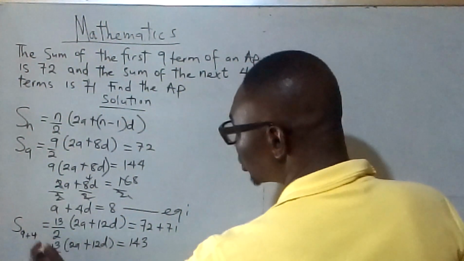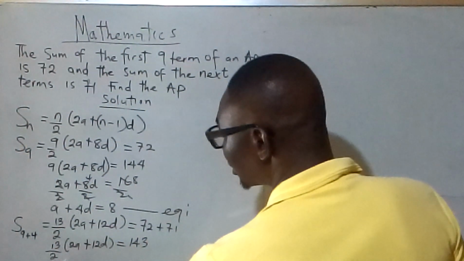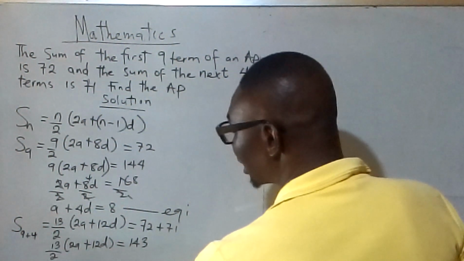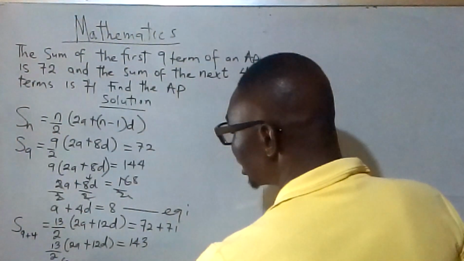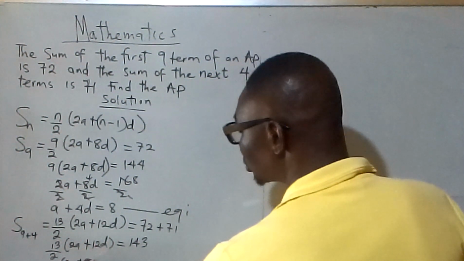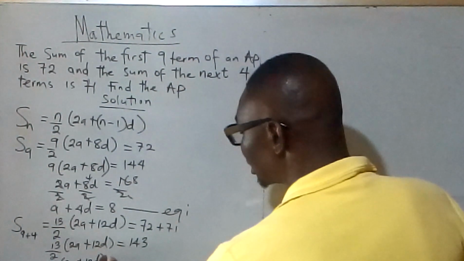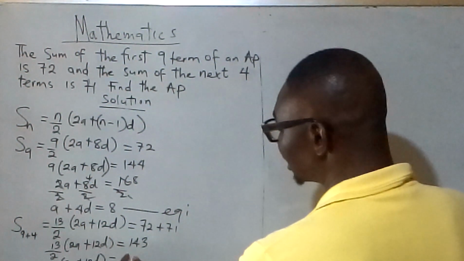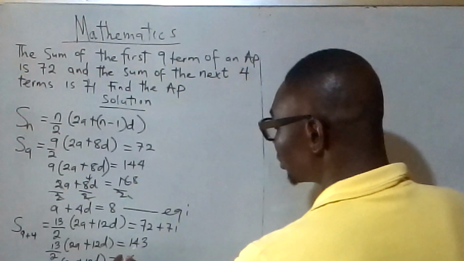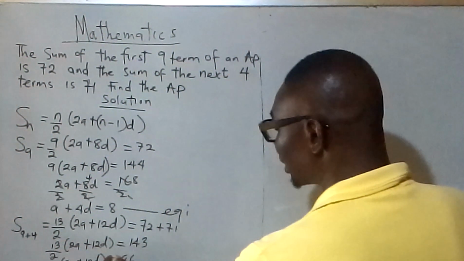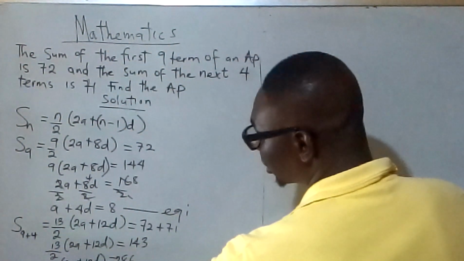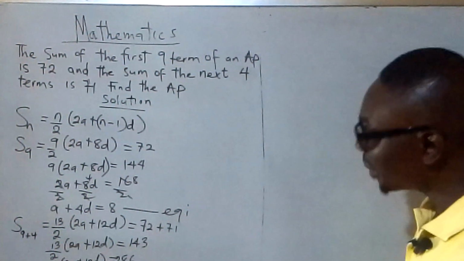Now we can simplify this by multiplying 2 all through. So the 2 will cancel the 2 here, and we have 13 into (2a plus 12d) is equal to 286. We can also go further to divide through by 13.